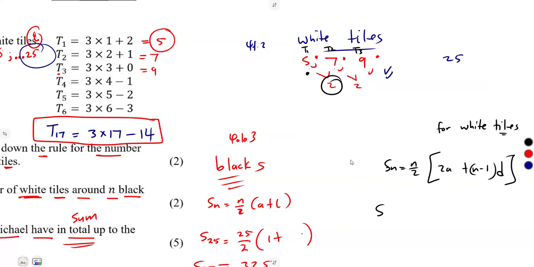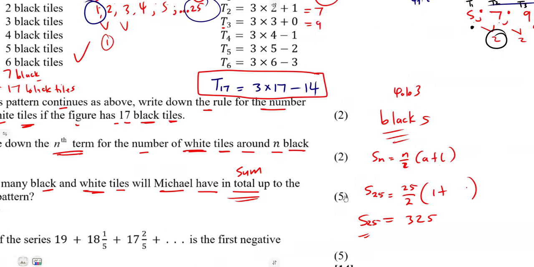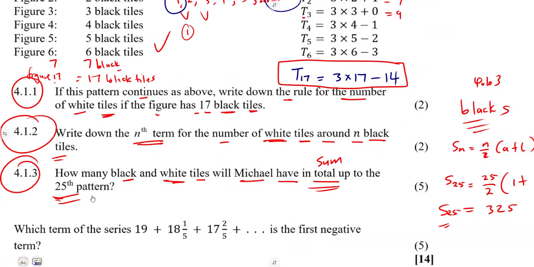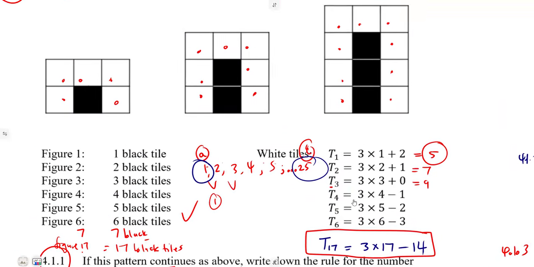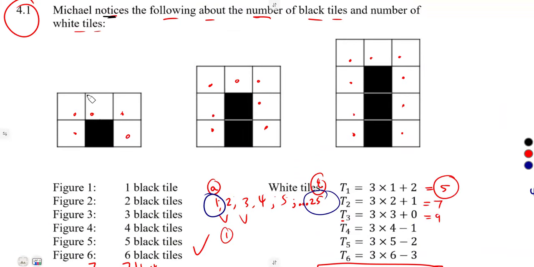How many terms are we talking about that are white in total? Remember, what we are being told about these is that they are corresponding to each other and they go up to the 25th pattern. So this is the same consideration: up to the 25th pattern, what will be the total number of tiles? These tiles correspond to each other.